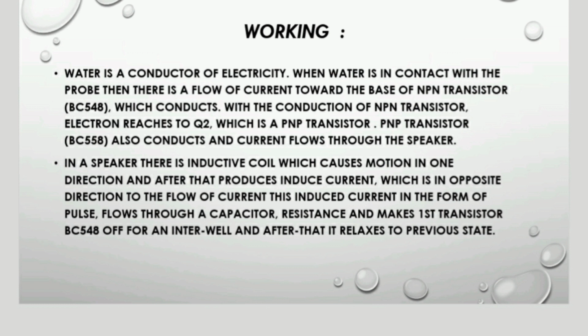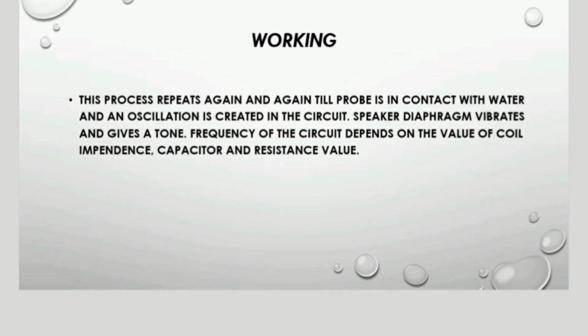In the speaker, there is an inductive coil which causes motion in one direction and after that produces an induced current which is in the opposite direction to the flow of current. This induced current in the form of a pulse flows through the capacitor and resistance and makes the first transistor BC548 off for an interval, and after that it relaxes to its previous state.